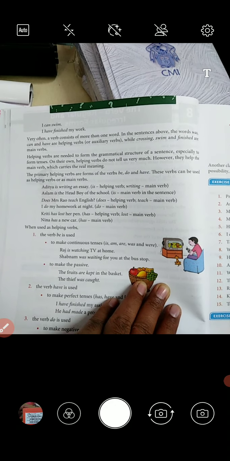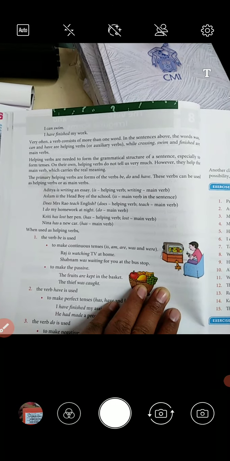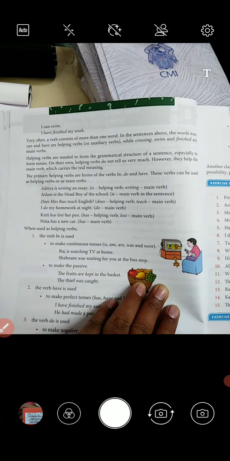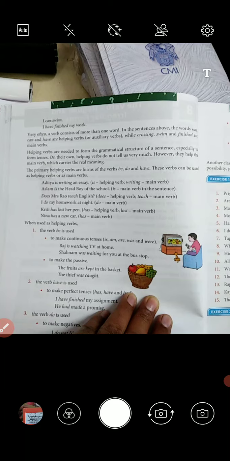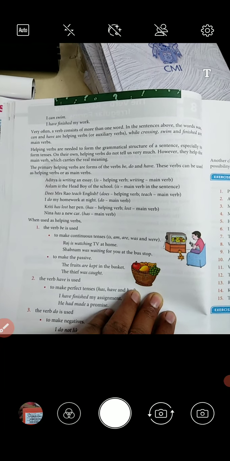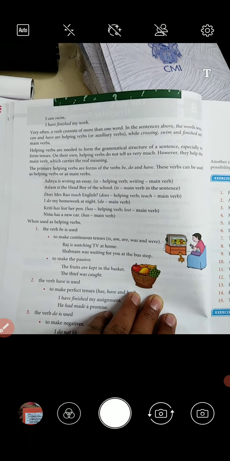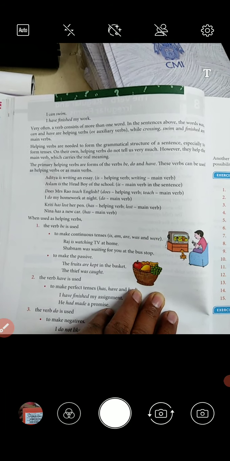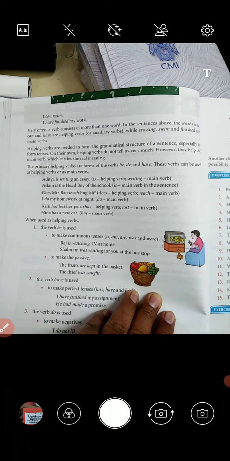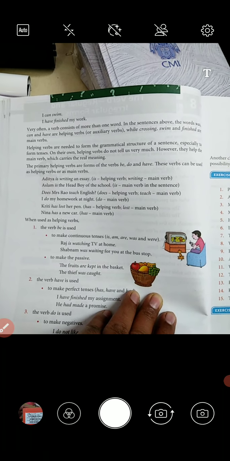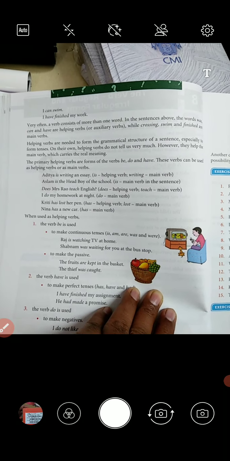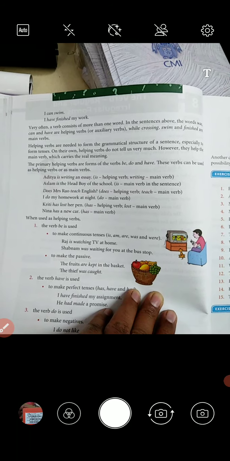However, they help the main verb, which carries the real meaning. The primary helping verbs are forms of the verbs be, do, and have. These verbs can be used as helping verbs or as main verbs.